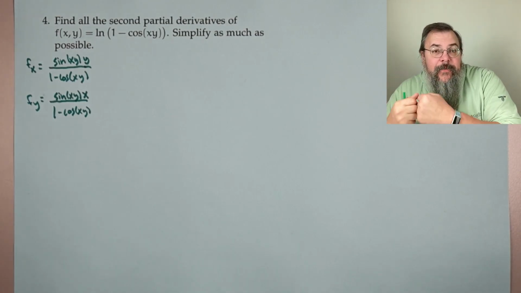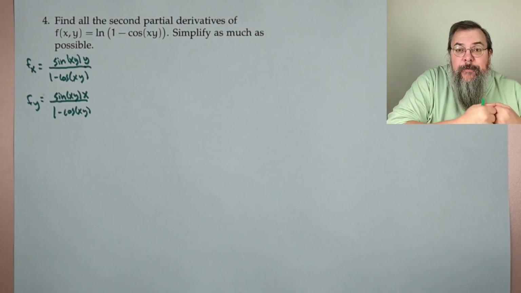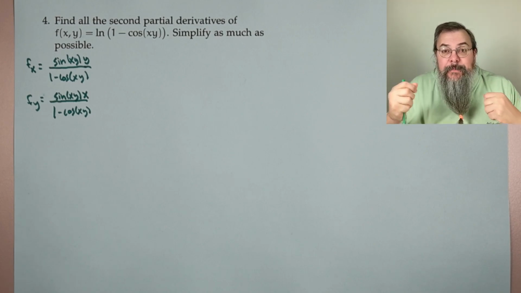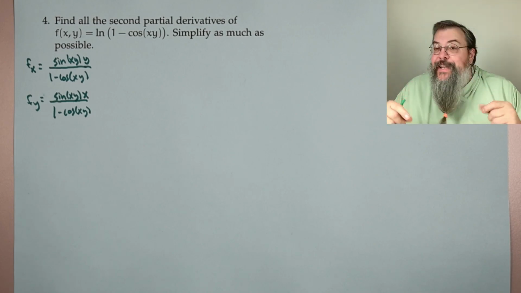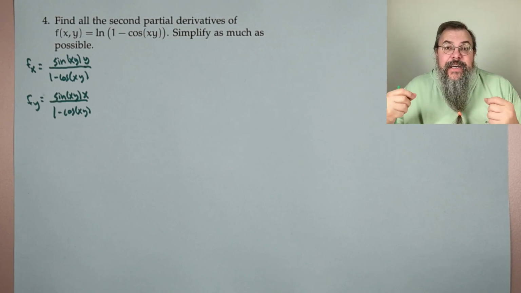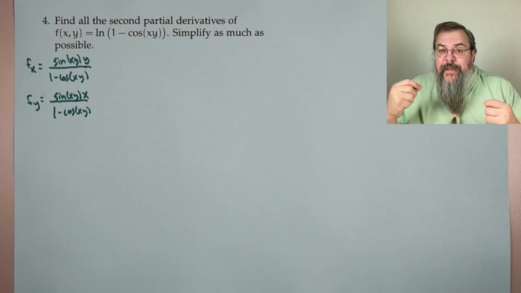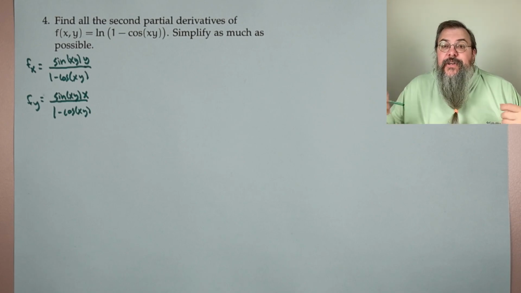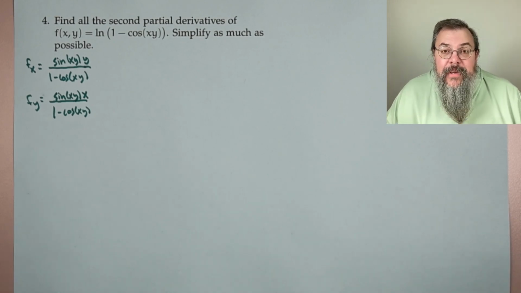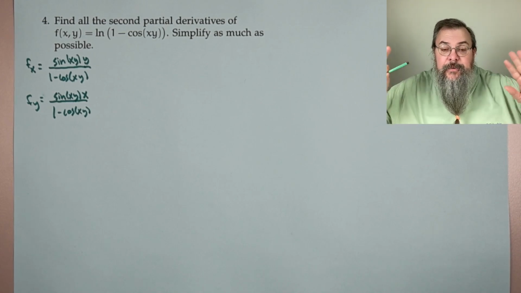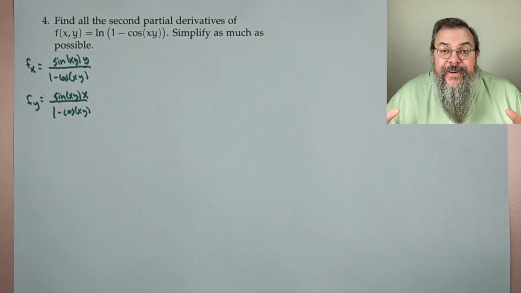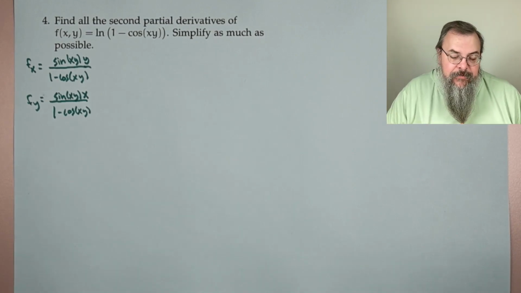So if I look at fxx compared to fyy, if they're the same up to that swap, that's good. If they're not, I made a mistake. For fxy, I should expect that if I swap, I should not change anything. Let's find out. By the way, all of that is just saying, hey, we've got symmetry here. Let's take advantage of it.